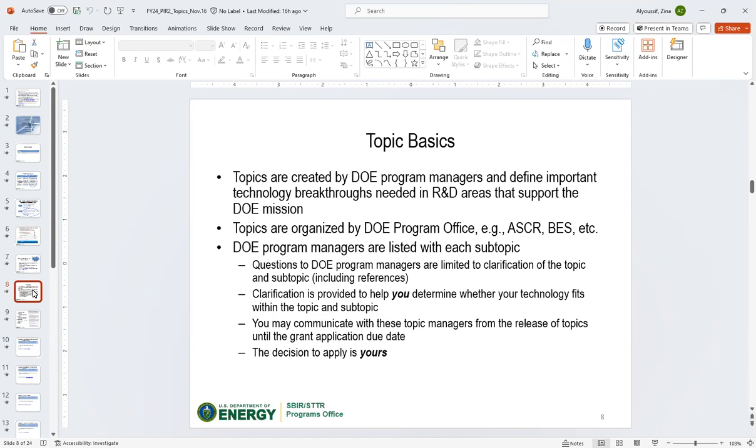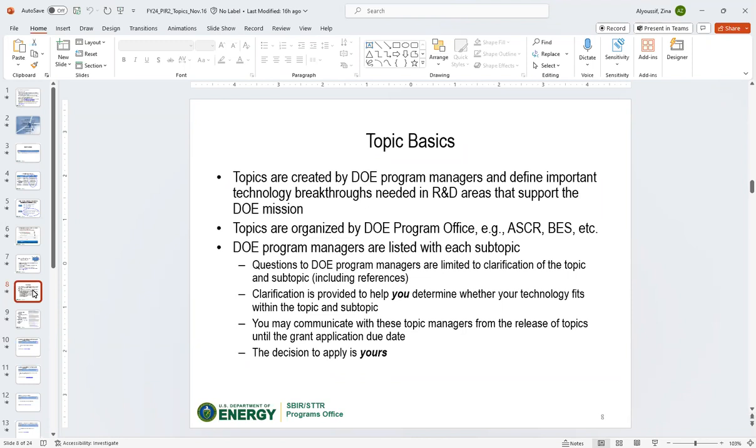Many of these topics are related to the topics they are sponsoring in one of their universities or national labs. When you go through the topics document, you will see that the topics are arranged by program offices and organized alphabetically and numerically, and that is the way we are going to refer to them.